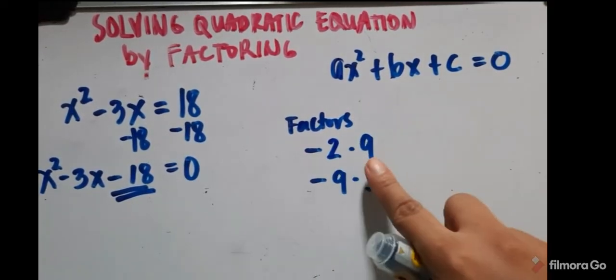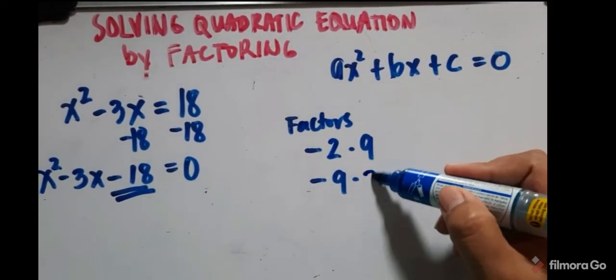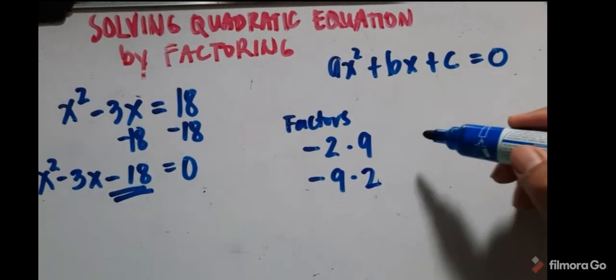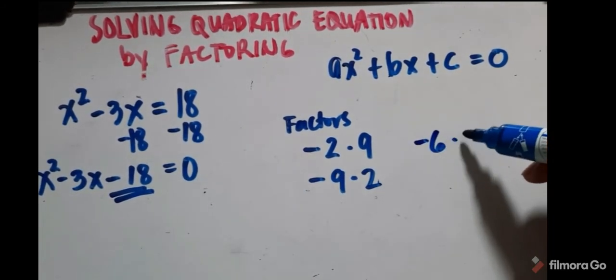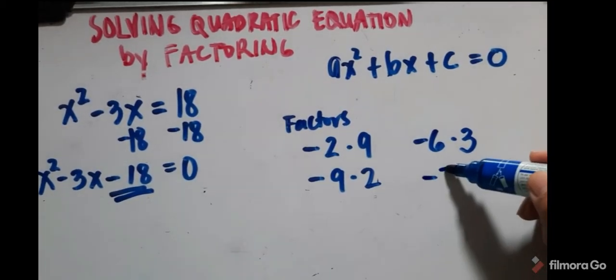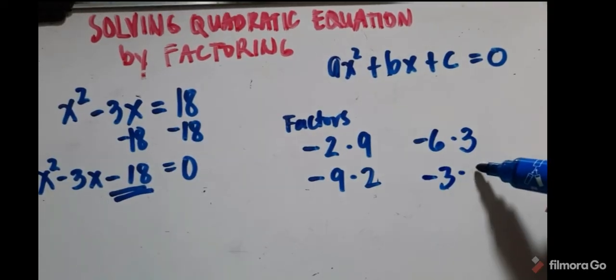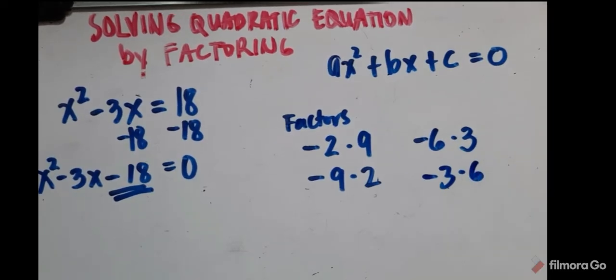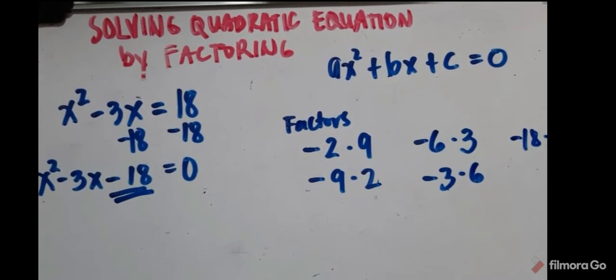Negative 2 times 9. And then, negative 6 times 3. And negative 3 times positive 6. Or we also have negative 18 times 1 and negative 1 times 18.